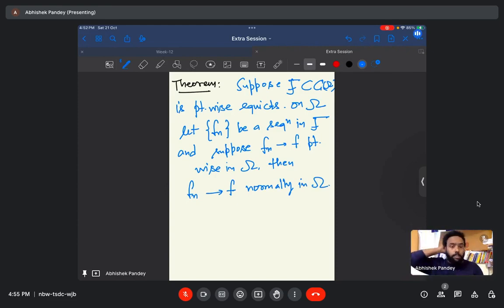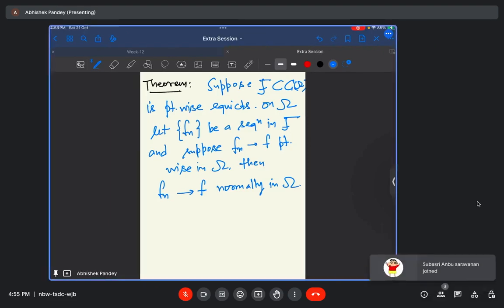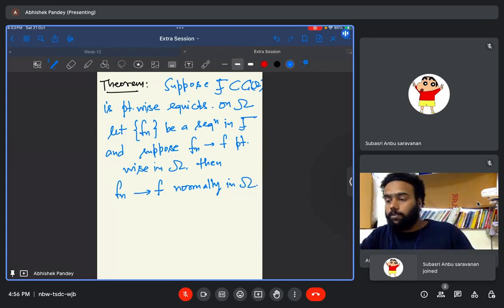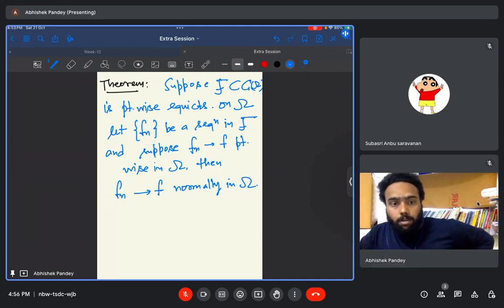So once you have an equicontinuous family, pointwise convergence implies the normal convergence, I mean uniform convergence on every compact set. So this is one thing important to know. Other is the converse of this one.